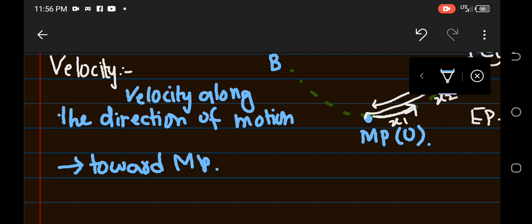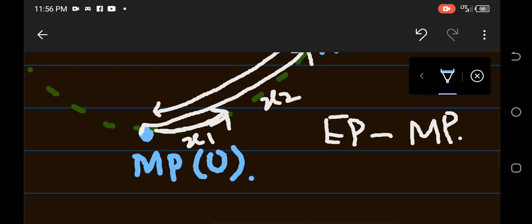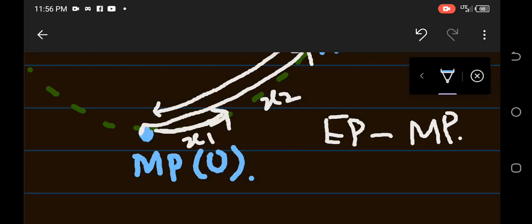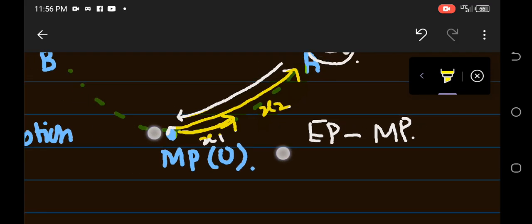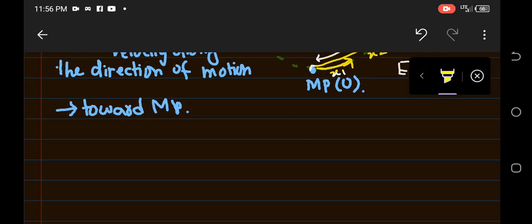Here you can see x is the displacement, which is away from the mean position. This is x, which is away from the mean position. But the velocity is always towards the mean position.